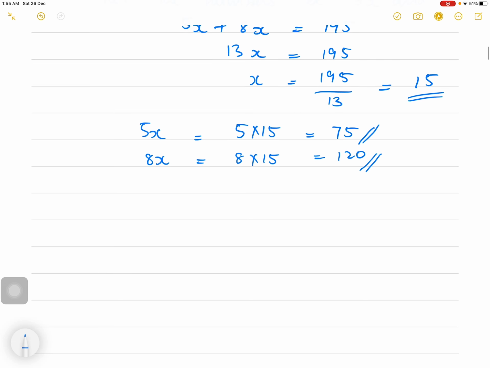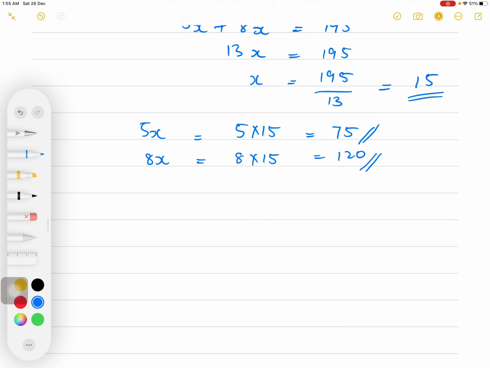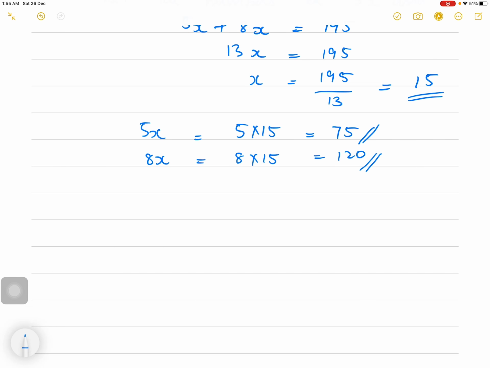Now let us see what is proportion. Proportion is the equality between two or more ratios. If we express the fact that one ratio is equal to another ratio, then it forms a proportion.